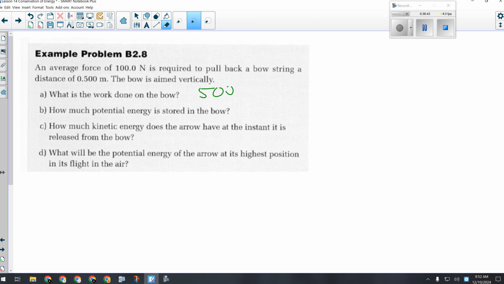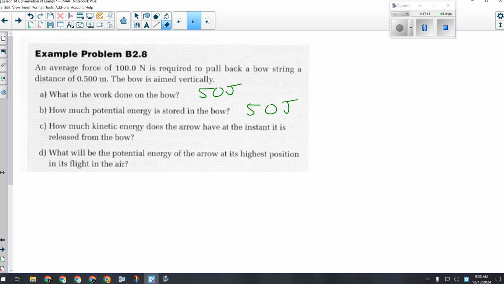How much potential energy is in the bow? Did I just do work on the bow? How much work? 50. How much energy is in the bow now? 50. Okay, this is where work energy theorem and the law of conservation of energy come together. On the first day of this unit, you wrote down or have in your notes the wording for the law of conservation of energy.